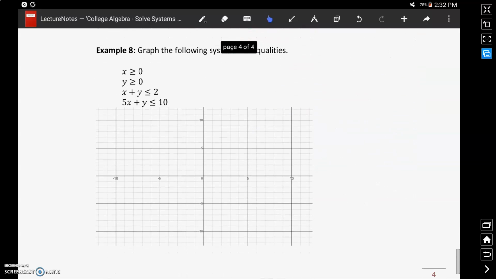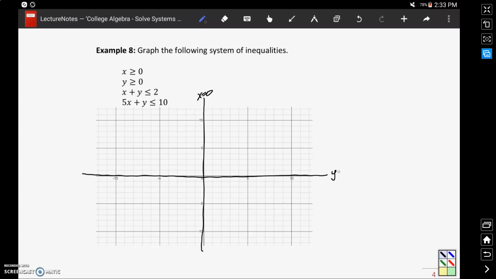In example 8, we have a nearly identical problem, but what's happened is the direction of the inequality statements for these last two statements have flipped directions. This means we'll still have the boundary lines x equals 0 and y equals 0.